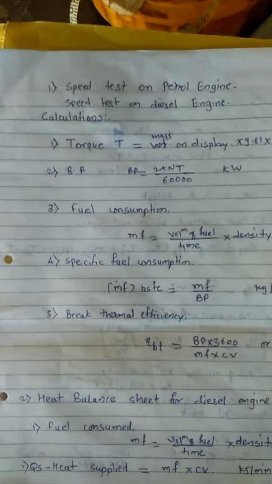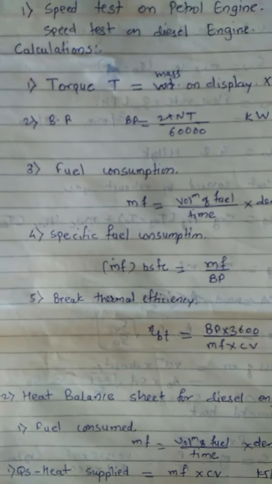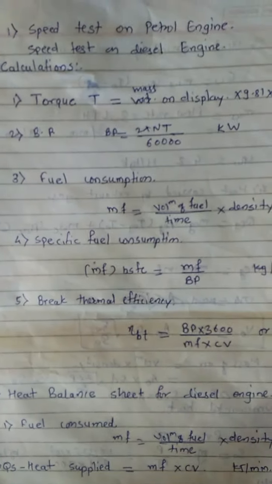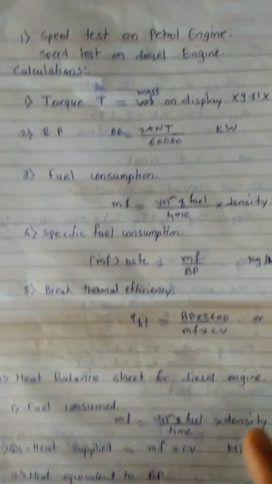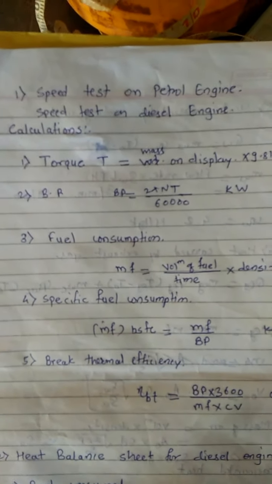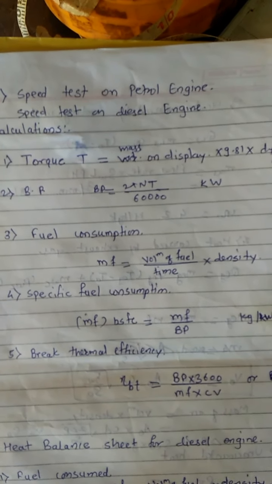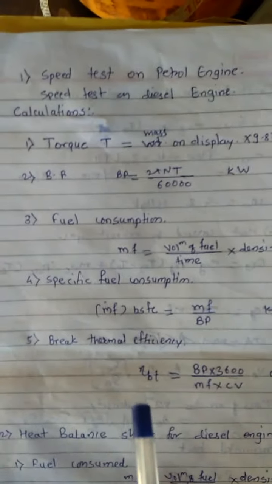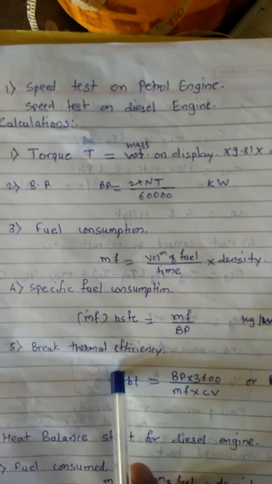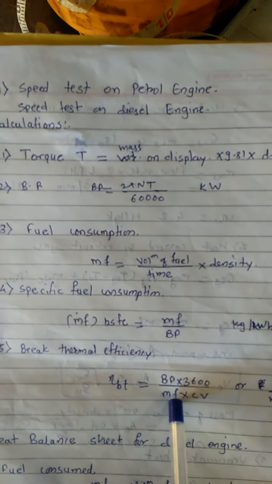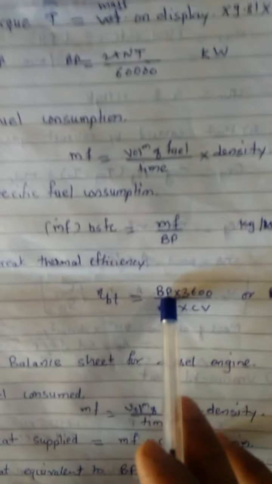Now let us move toward the calculation. See, the calculation for the diesel engine is the same as for the petrol engine, so we will not invest more time in that. Briefly, we will have an overview of the calculation. First of all, to calculate the brake thermal efficiency, we require the specific fuel consumption and brake power.